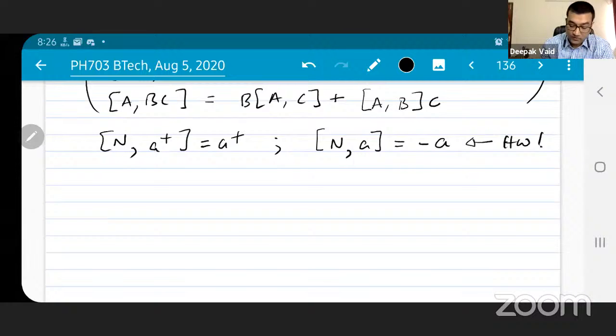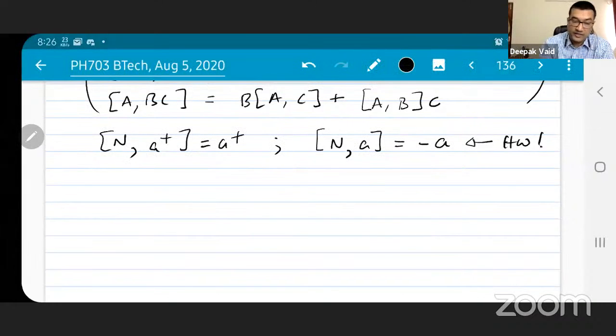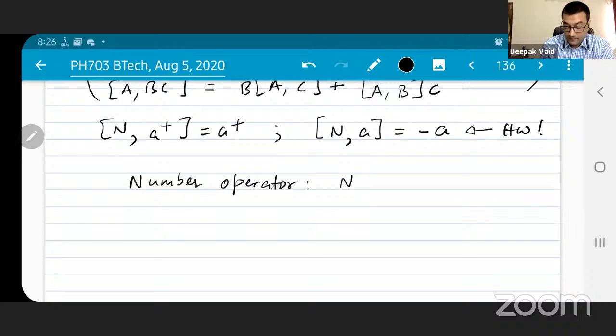Okay, so now we have these two commutators, and these are the ones that we will need to basically solve the problem. Now we have this number operator N, and it is a Hermitian operator.